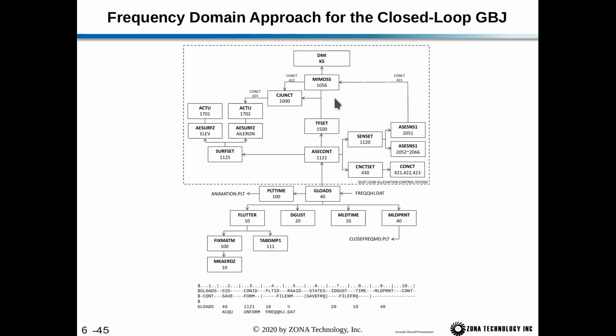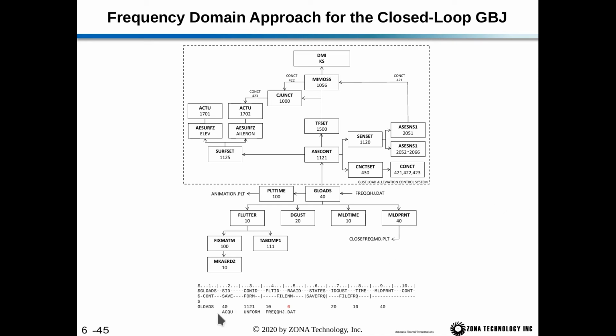So our control law is a MIMO SS. So we have our one sensor used in the control law design feeding into the MIMO SS. This now feeds back to our aileron actuator for the gust load alleviation.